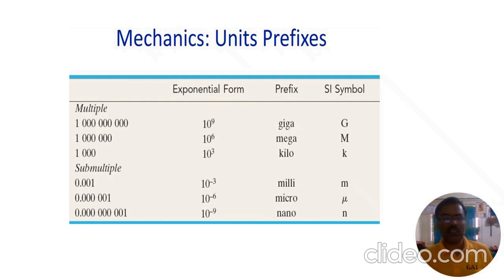Whereas in terms of nanoparticles, we use 10 power minus 9, minus 8, 100 nanometers, 10 nanometers, 1 nanometer, like that. Or in terms of microns, where you will be seeing in the microstructure of materials, very small entities will be defined in microns, micrometer.